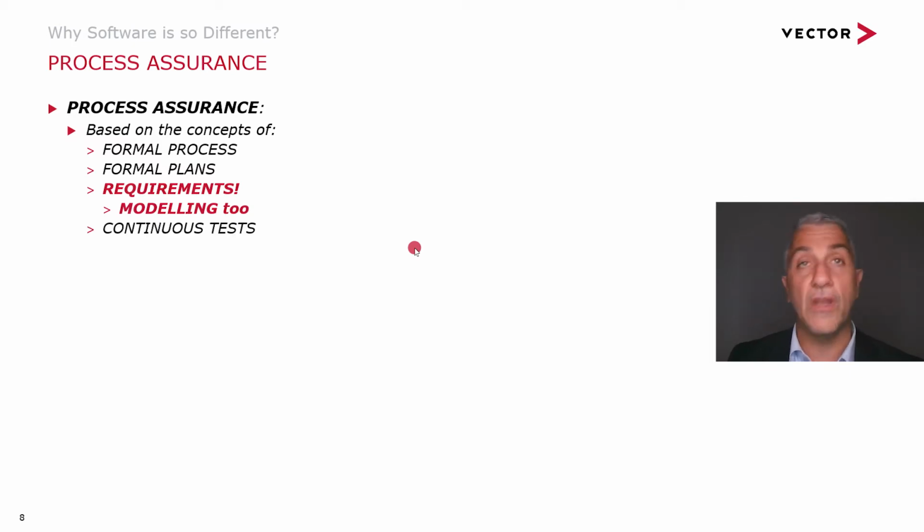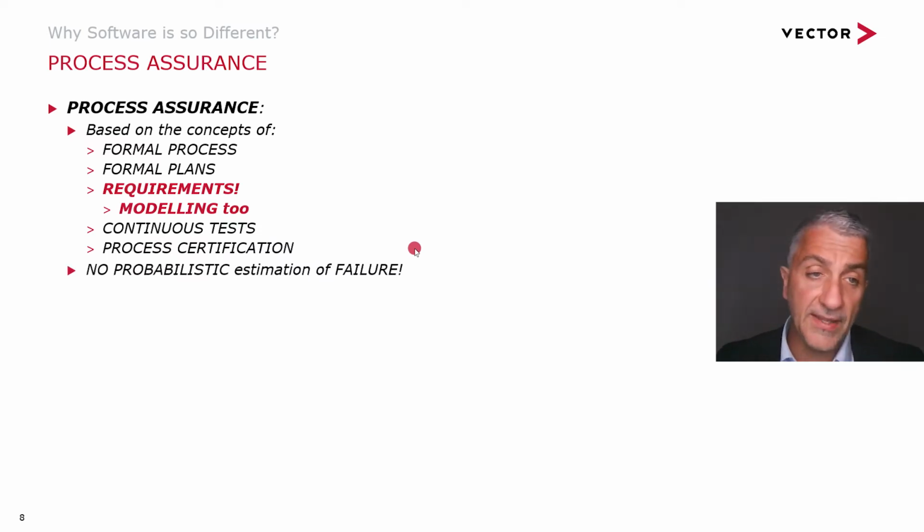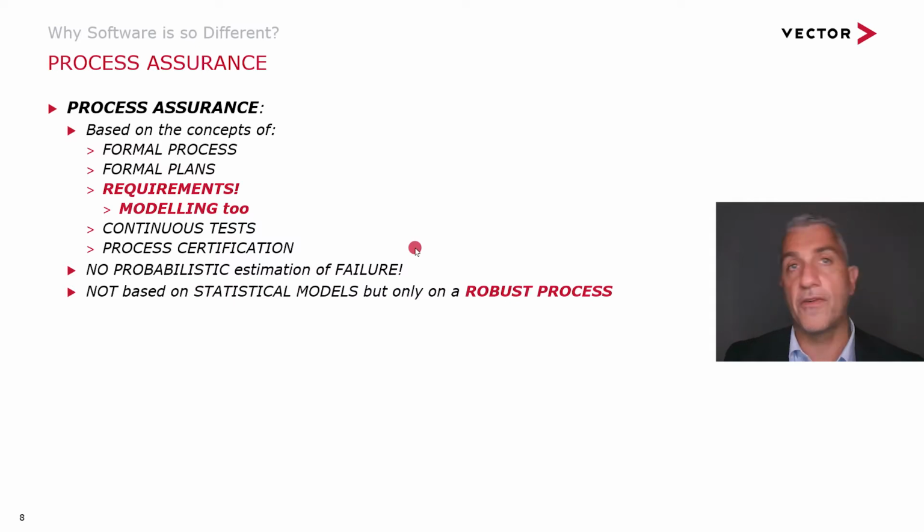You need continuous testing, and you need a process certification if you have safety critical software. So in this case, you could not give a probabilistic estimation of failure. There is no way to establish the probability of a failure of software. So you could not build statistical models for software, but you can just build a very robust process.